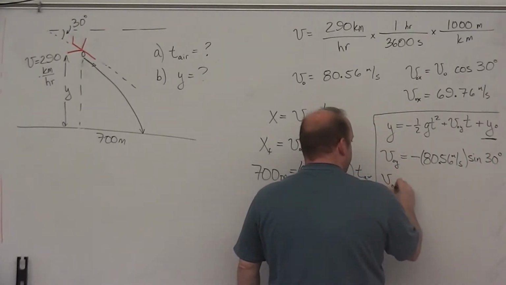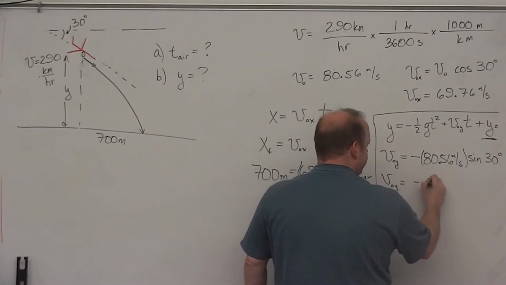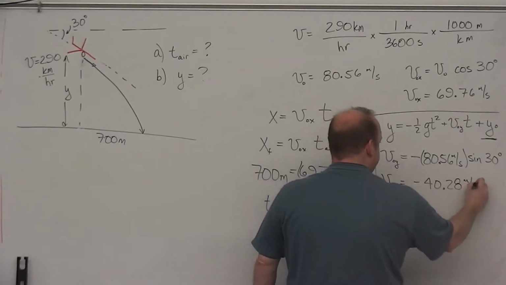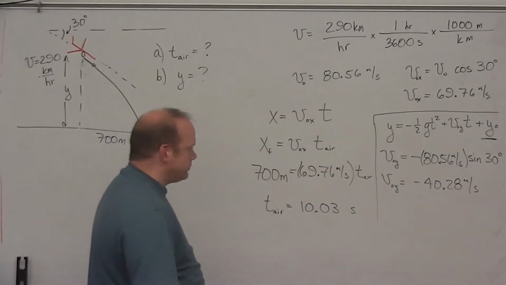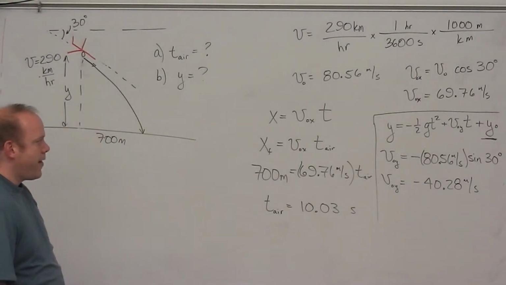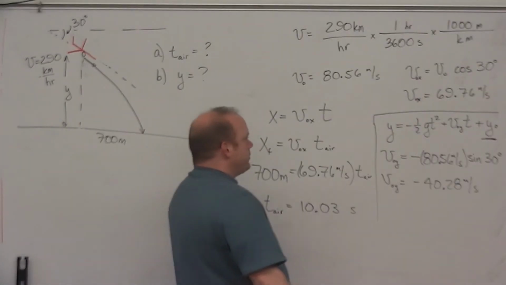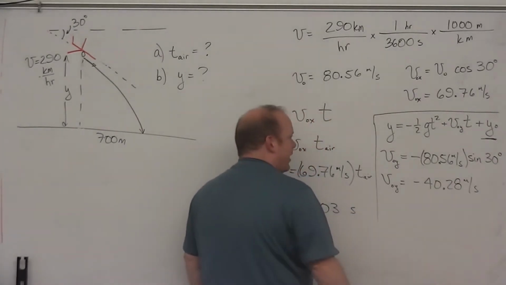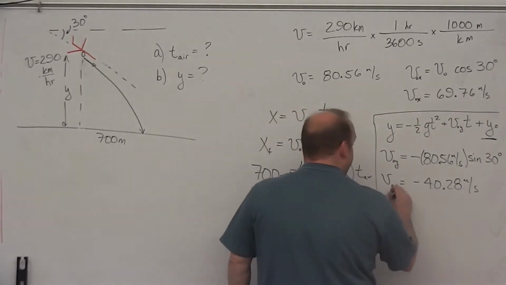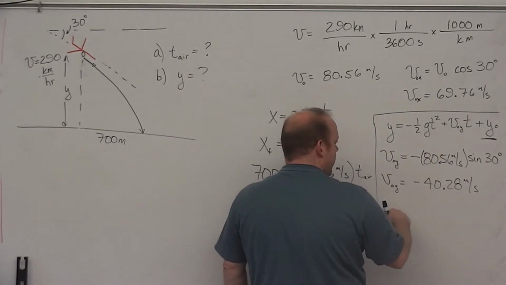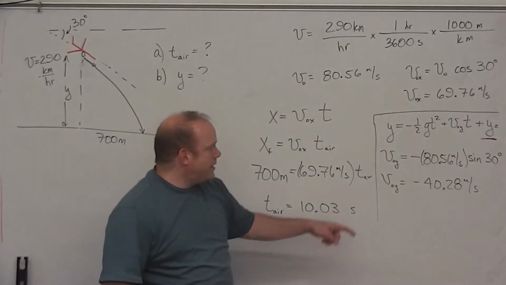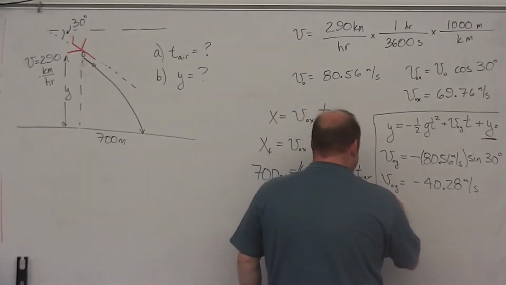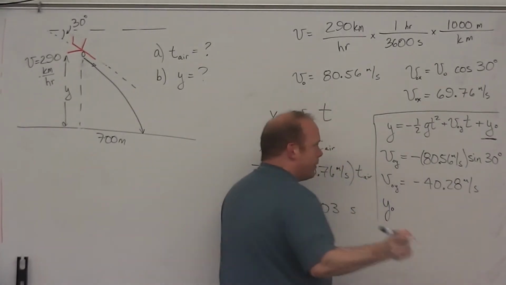So my v0y will equal negative 40.28 meters per second. Okay. So now, at time t equals 10.03 seconds, I can solve for y0. Doing the algebra. And I challenge you, by the way, right now, to solve for y0 and see if you come up with the same thing I do. If not, keep working on it. So hit pause.